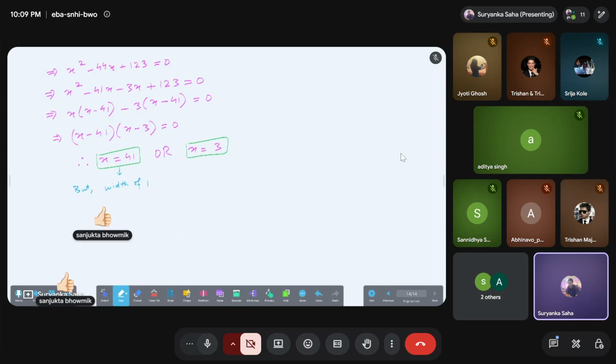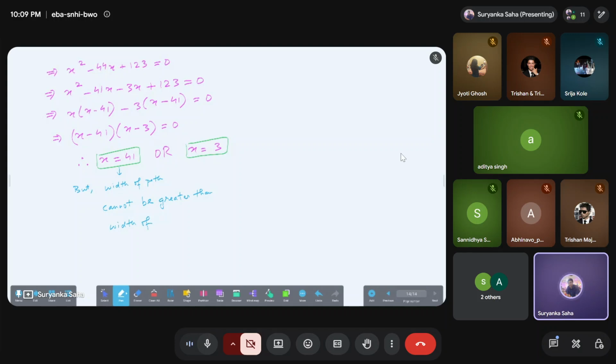Width of path cannot be greater than breadth or width of field.